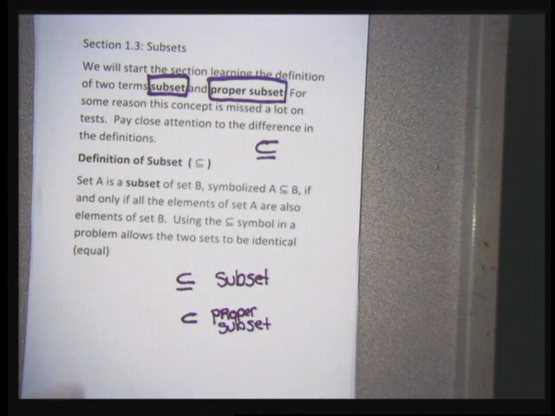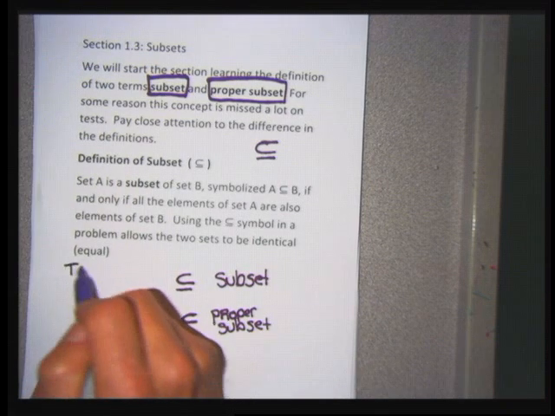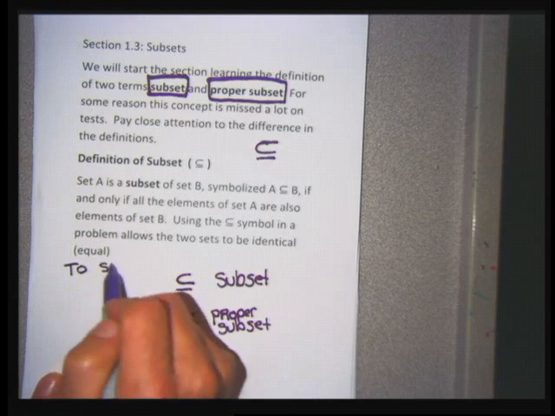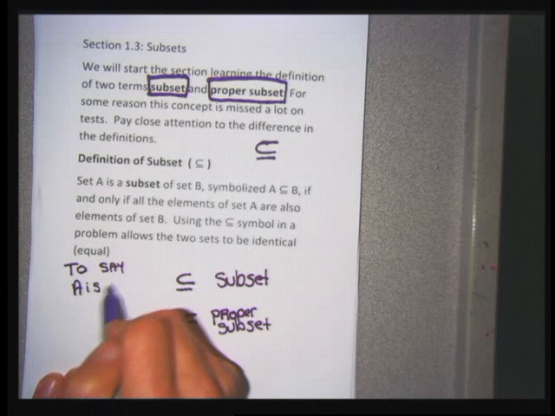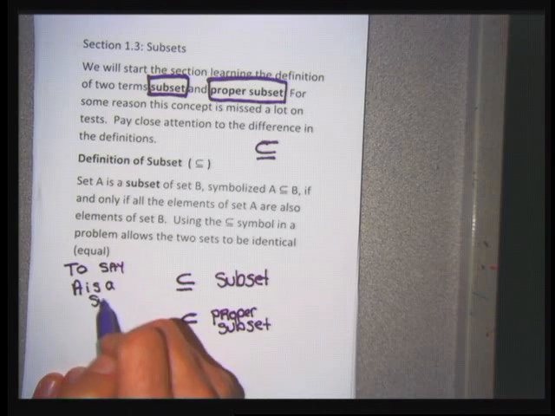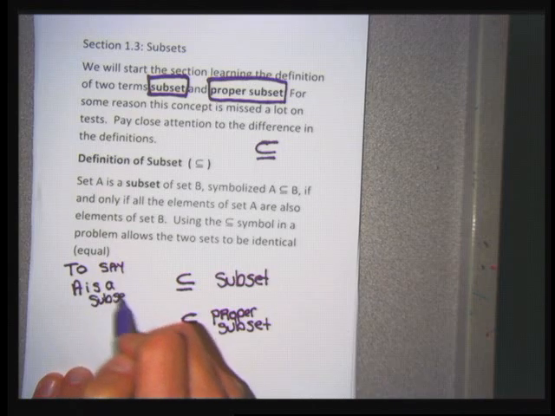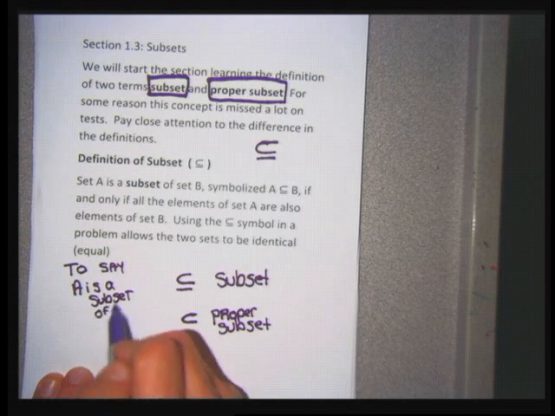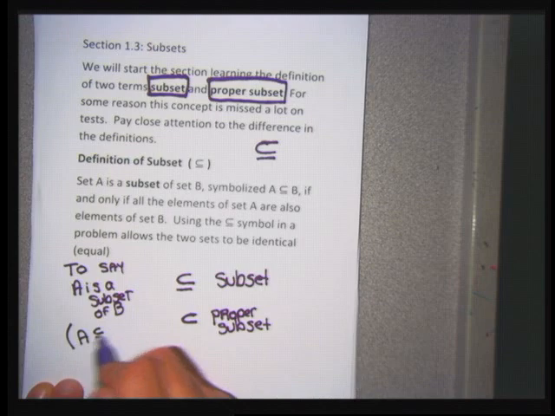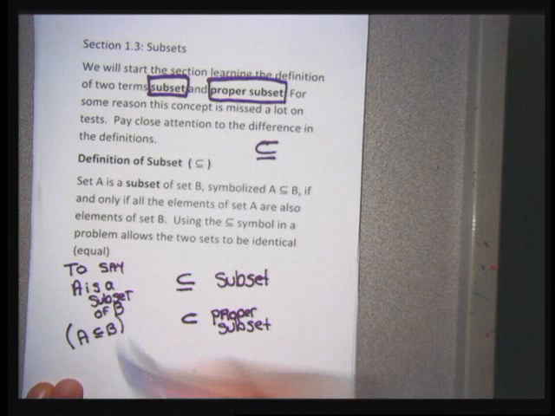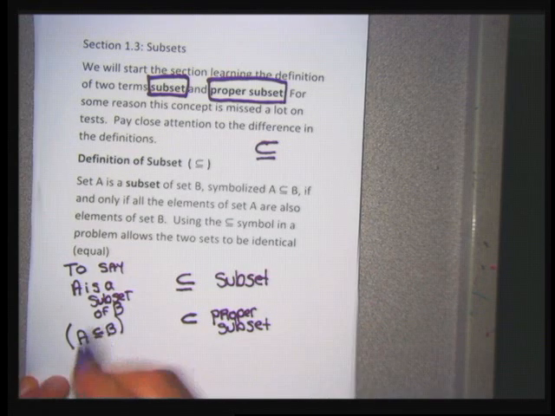But to say A is a subset of B, or symbolically A ⊆ B, what we're really saying is that A is contained in B.